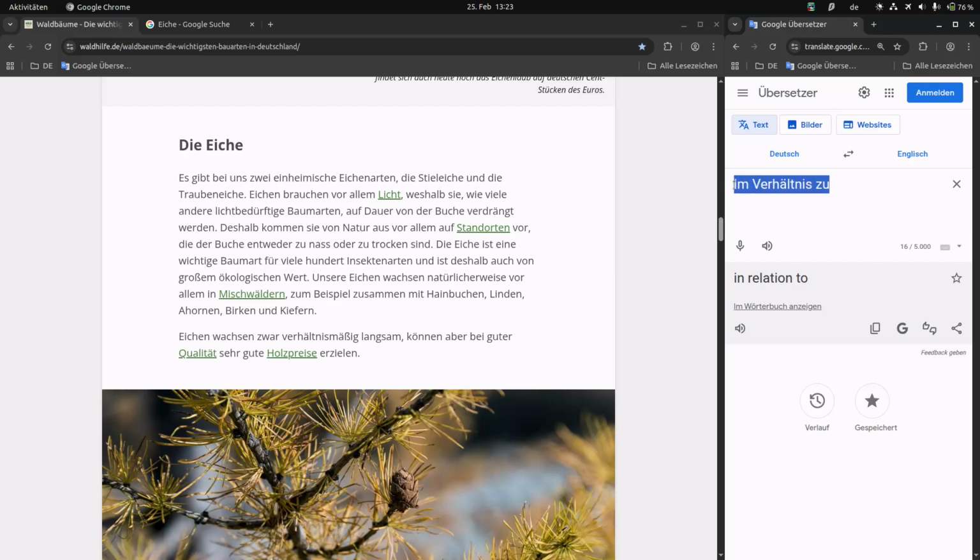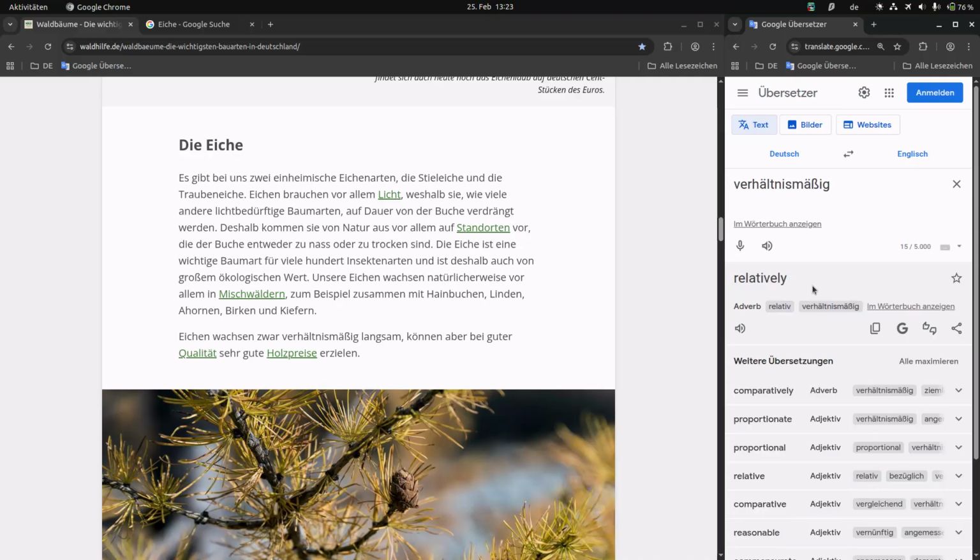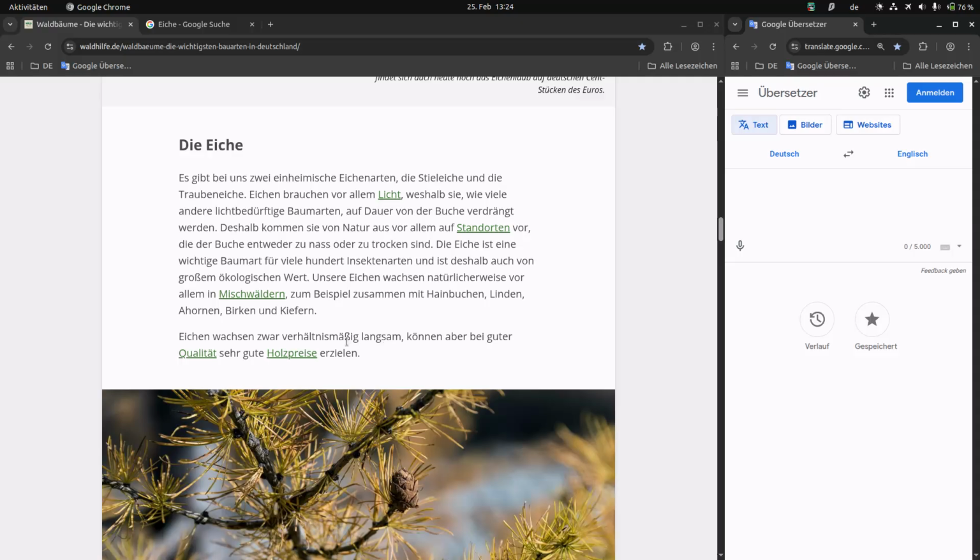Relatively. It's not necessarily the same, but kind of the same in German. So relatively. But in Verhältnis zu, you need, of course, in relation to what? So in comparison to what? So relatively, they grow, indeed, relatively slowly, langsam.